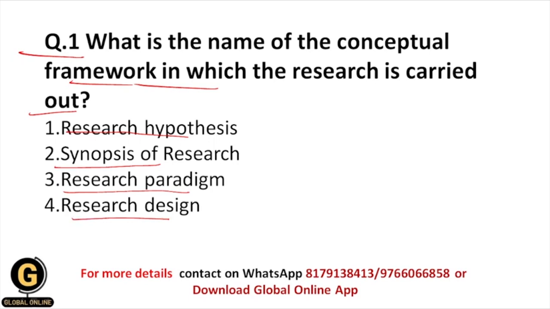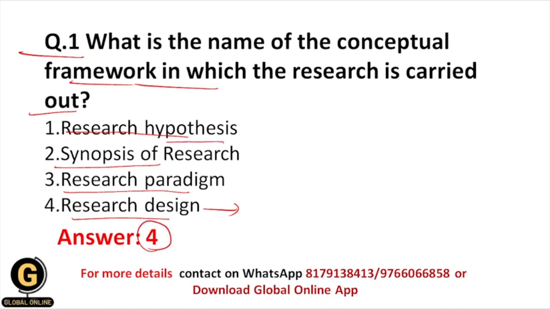Conceptual framework means the whole outline of the whole research process, which is nothing but the research design. That's why your correct answer should be 4, because research design is the whole outline of your whole research process, in which you explain what different data collection methods and data analysis methods you are going to employ in your whole research process.